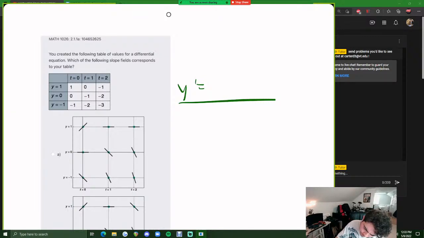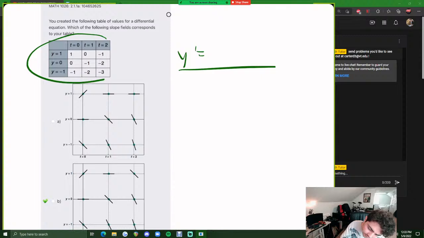And so in this problem, they give us the chart of t values, y values, and their corresponding y prime values. So they're telling us what the slopes are at each of these t and y values.